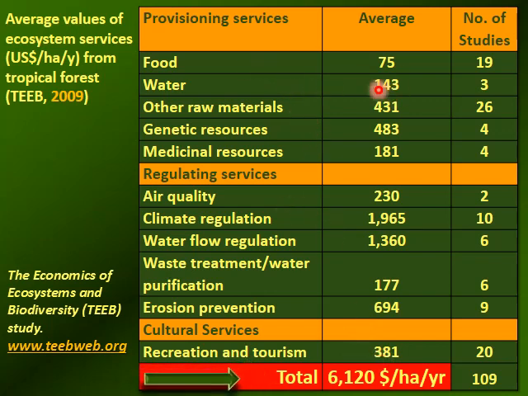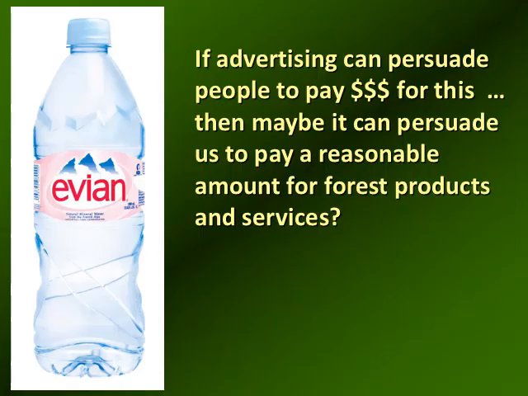Take water, for example, $143 worth of water flowing out from the forest. Who's going to pay for that water? How are you going to persuade people to pay money for these things when the psychology of people means that they view anything coming from the forest as being effectively free, or they think it should be free?